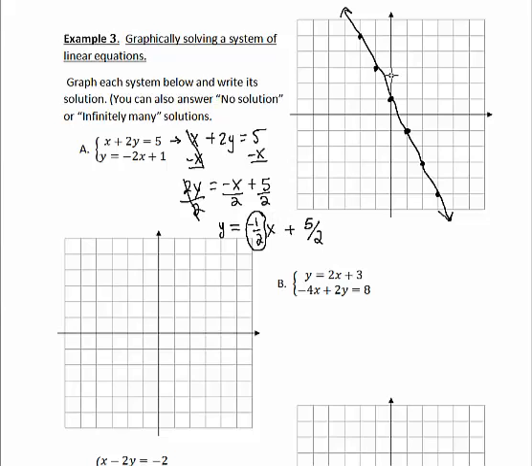So if I go down 1 from 2.5, I land at 1.5, and then I go to the right 2 because I have a positive 2 on the bottom. I've already interpreted the negative as directing me downward for my rise, so I've used my negative. Now I go right 2, and I land right there.